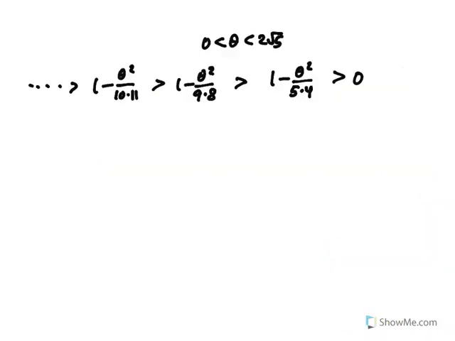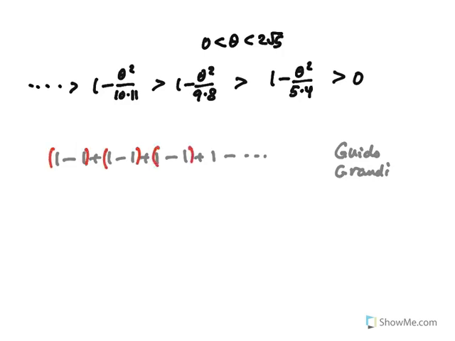Actually, if you start with this series here, this is kind of a famous example from the history of math. There was an Italian monk, Guido Grandi, in I think the 13th century or maybe the 14th century, who discovered this argument that by basically grouping terms together like this, it's just a sum of infinitely many zeros, which should be 0 on the one hand, right?